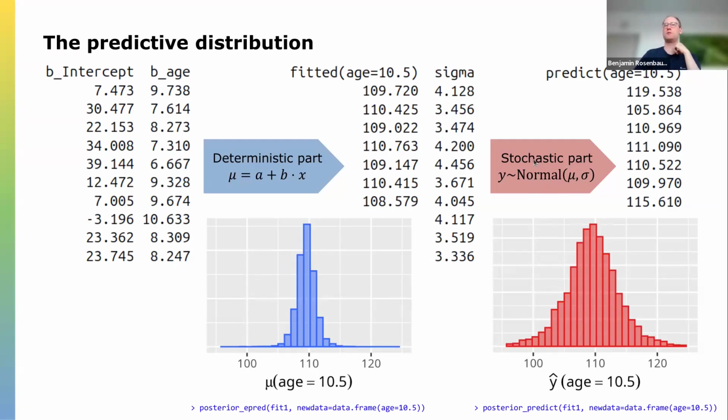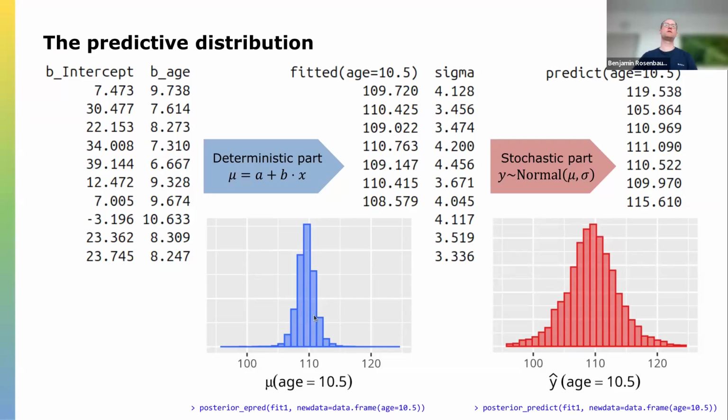If we would choose another distribution in the model, we would have to use another distribution here. So we randomly generate data points here from this part. So the mu here, that's the deterministic part, and we additionally put in the variation of the residuals. And then we get something which is wider than just the fitted distribution. And we usually call this the predictive distribution.